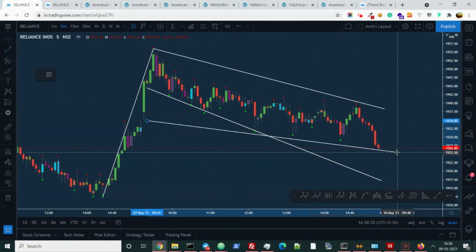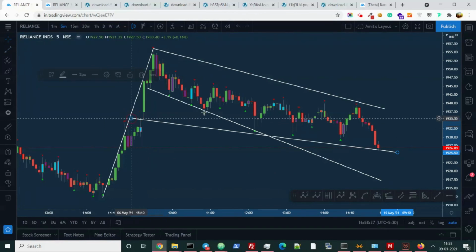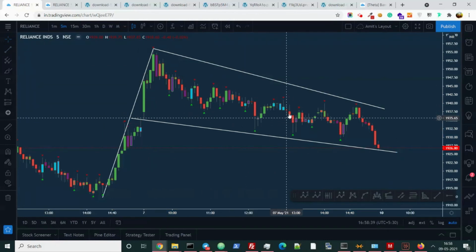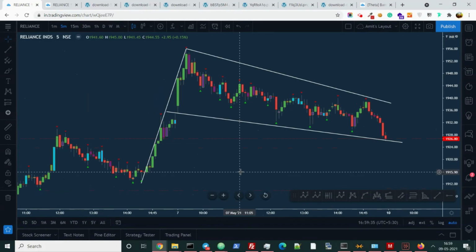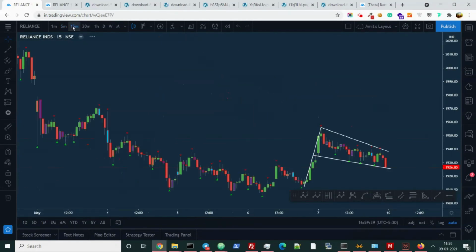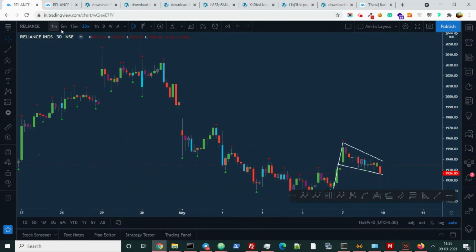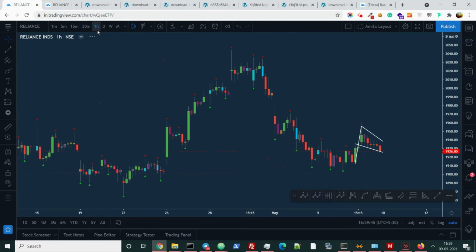Now this does not make much sense because no flag looks like this, but we can also do this. Yeah. So as you can see, in the 5-minute time frame it is a bull flag pattern. In a 15-minute time frame, it is a bull flag pattern. It is a bull flag pattern in a 30-minute time frame.